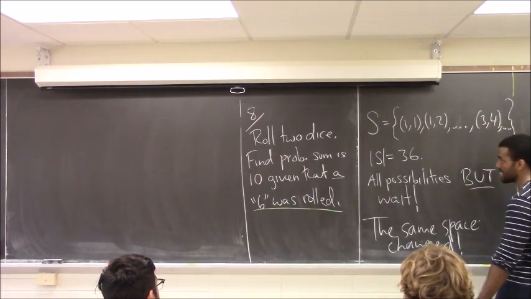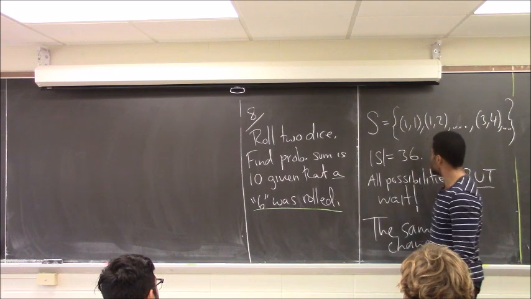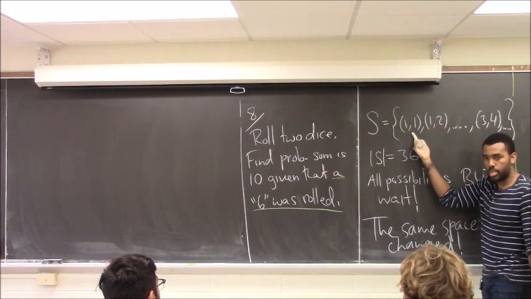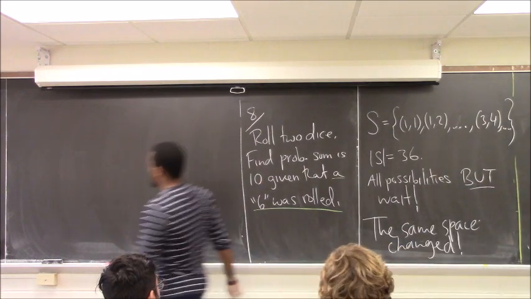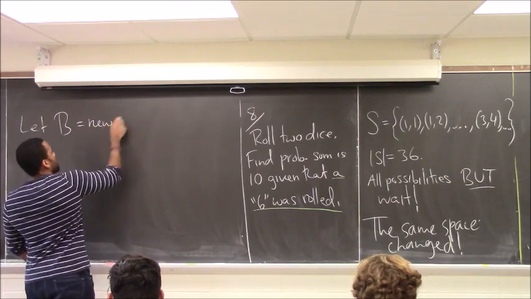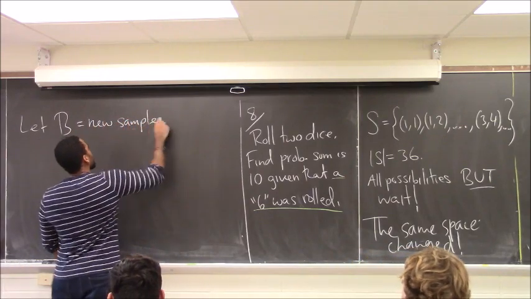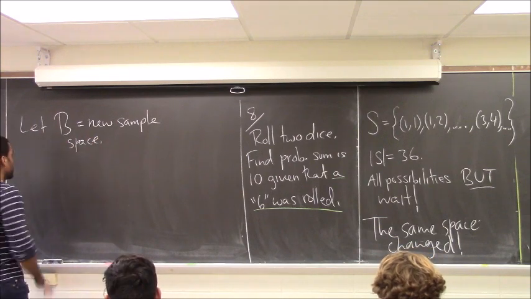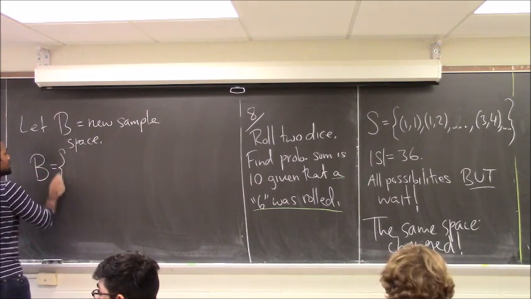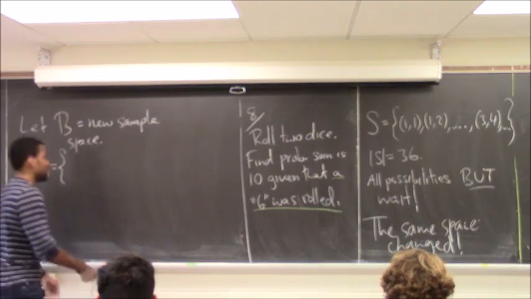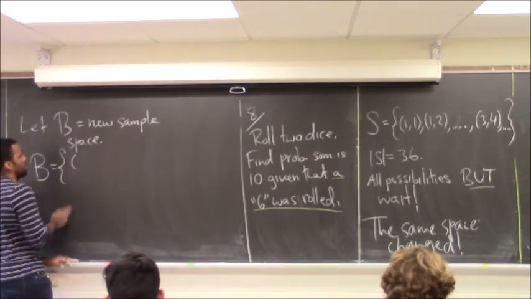I know for a fact that one of the dice has to be a 6, which means this coordinate, for example, didn't happen. It's impossible. The new sample space, let B be the new sample space. So B is the set of all possibilities when at least one of them is a 6. So what can we have in B?